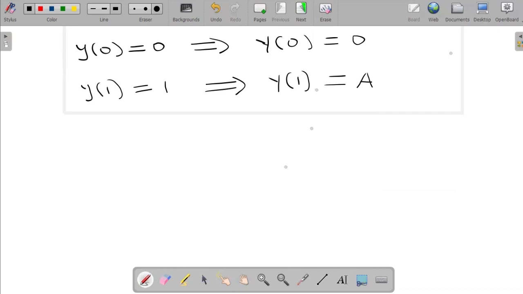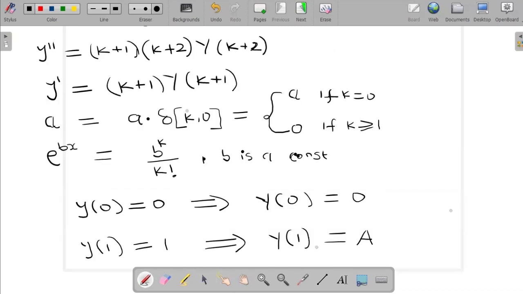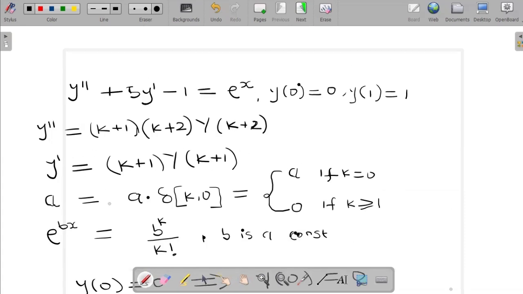Now, going by our transform functions, we are going to substitute these functions into the differential equation.